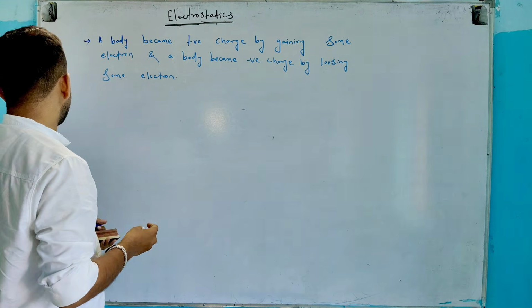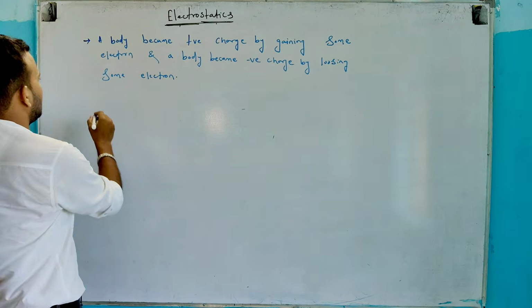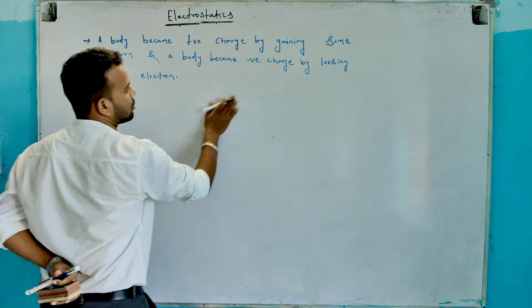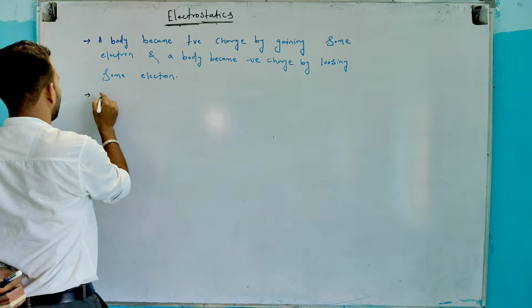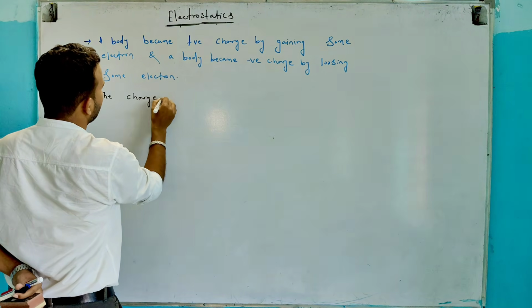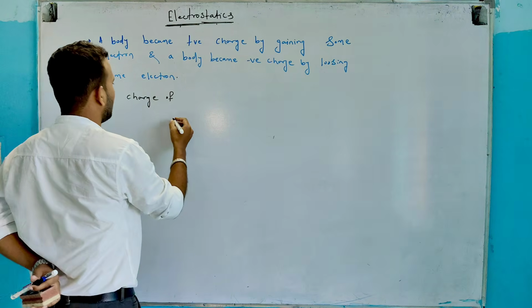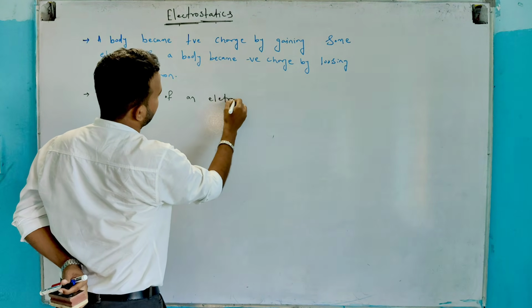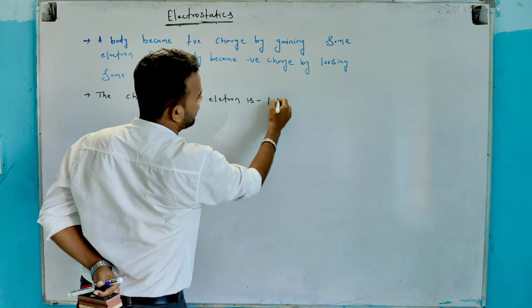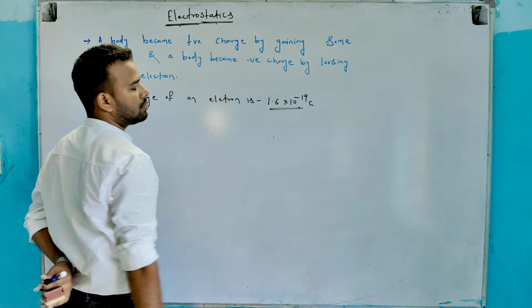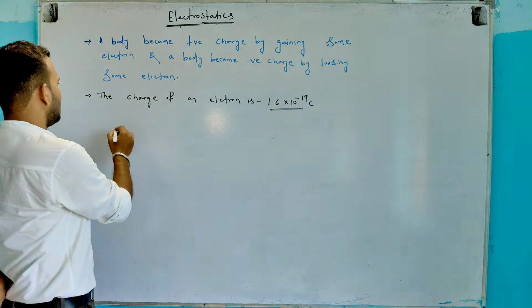So now we have to discuss what is the charge of an electron. The charge of an electron is 1.6 into 10 to the power minus 19 coulomb. This is the magnitude.